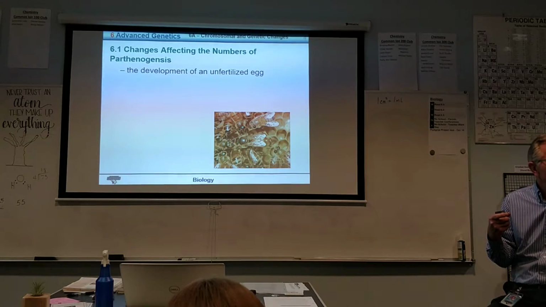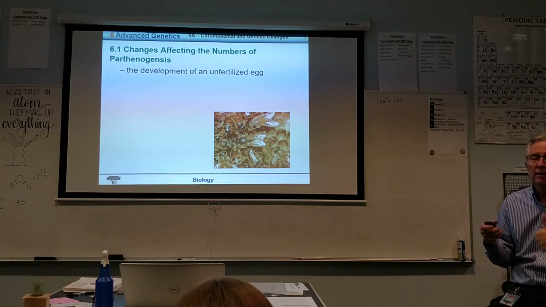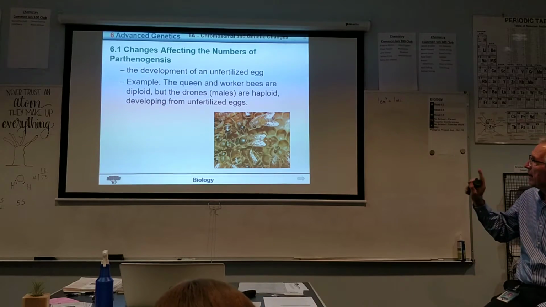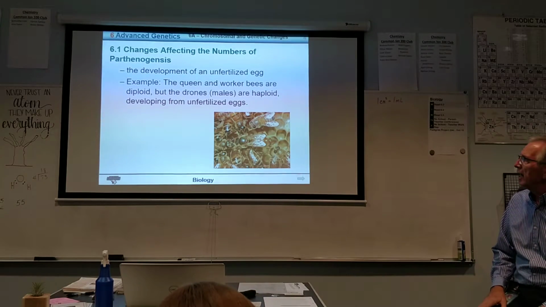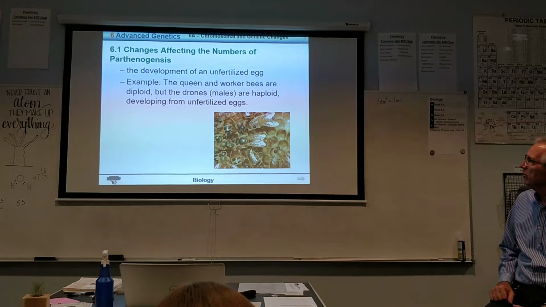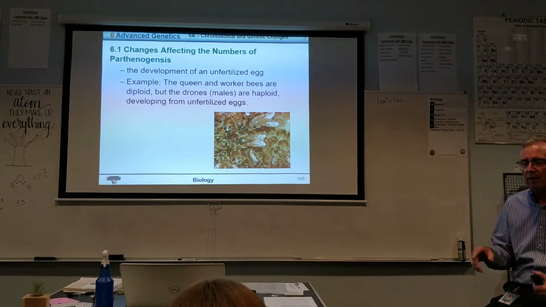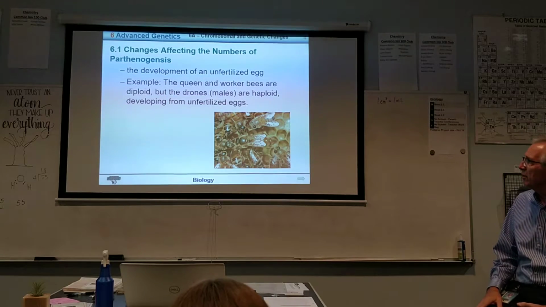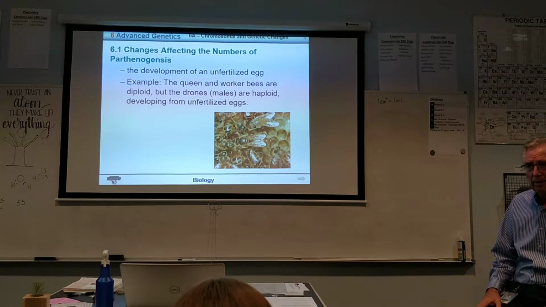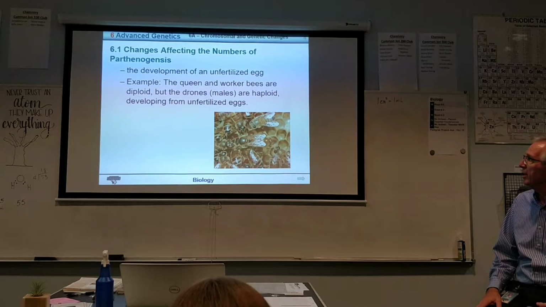So it's just going to be haploid, or just N. And examples of this would be the drones. Like in a beehive, they have the drones, they have the worker bees, and then they have the queen. And the queen and the worker bees are diploid.